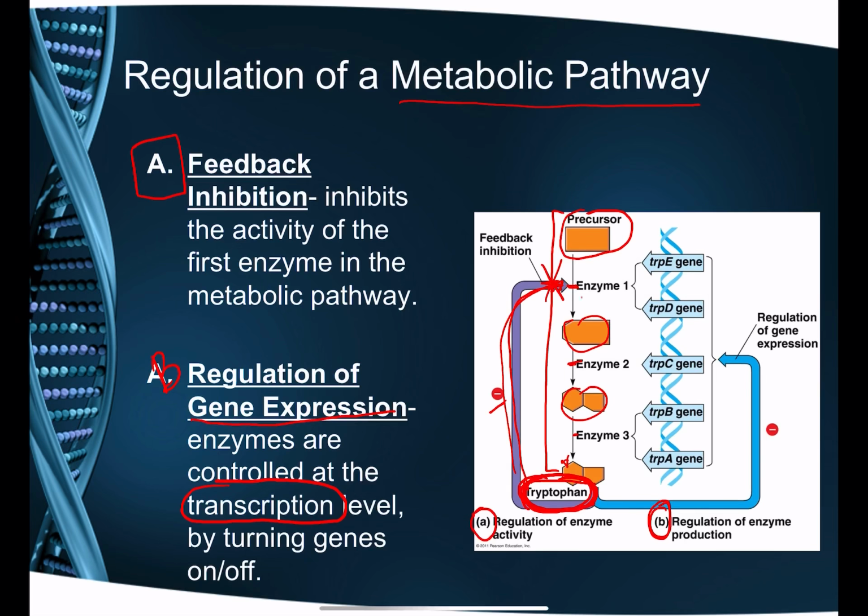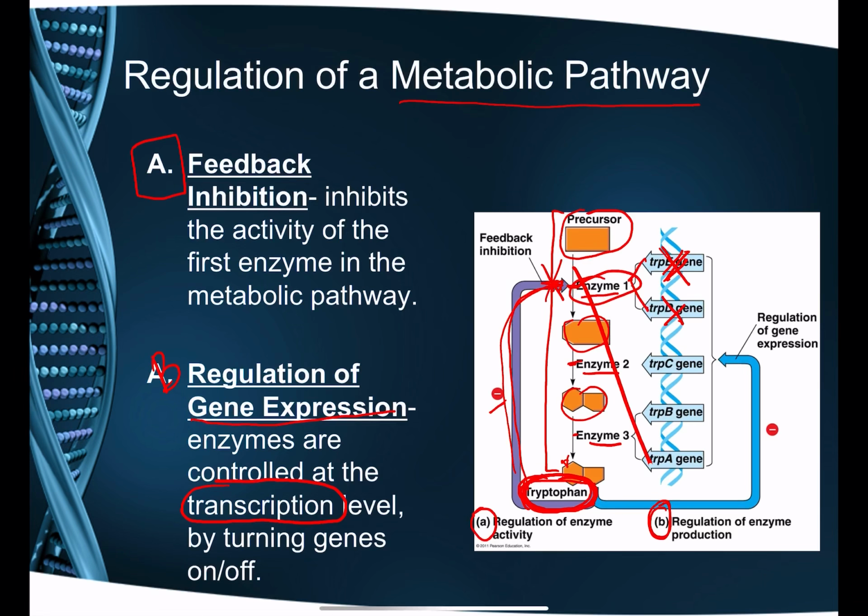And so each of these enzymes, remember all enzymes are proteins, and so they are coded for by a gene. And so if we want to stop this process, another way besides feedback that we can do that is stop the production of those enzymes. If you turn these genes off, then enzyme 1 won't be produced. And so this pathway would stop, okay?